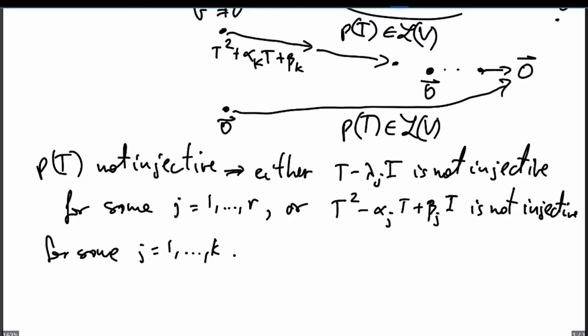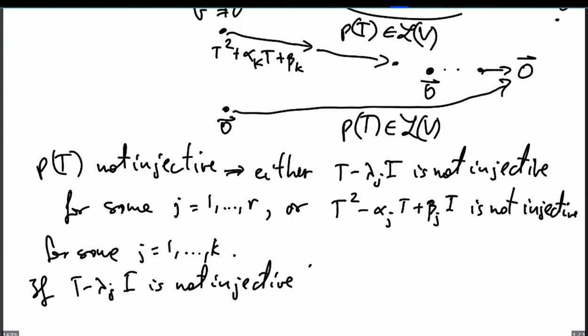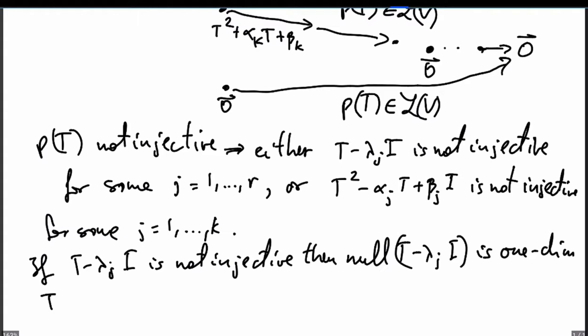So in the first case, if t minus lambda j I is not injective, then what we saw in the previous section is that we have a one-dimensional t-invariant subspace. And that's actually the null space of t minus lambda j I. It's a one-dimensional t-invariant subspace.